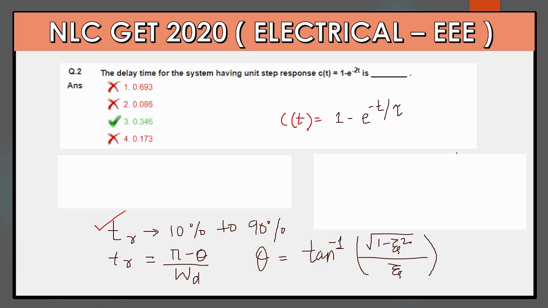We know that rise time is the time taken by the response to reach 10% to 90%, and rise time has the formula (pi minus theta) by omega d, where theta is this value. So if you apply the value, we will finally get the answer. So answer is third option.